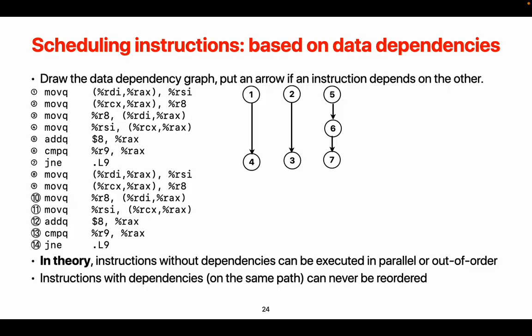Who is the instruction modifying RDI? Okay, so only instruction 5 is modifying RAX, right? RDI remains the same, right? So what does that mean? 8 is depending on 5.